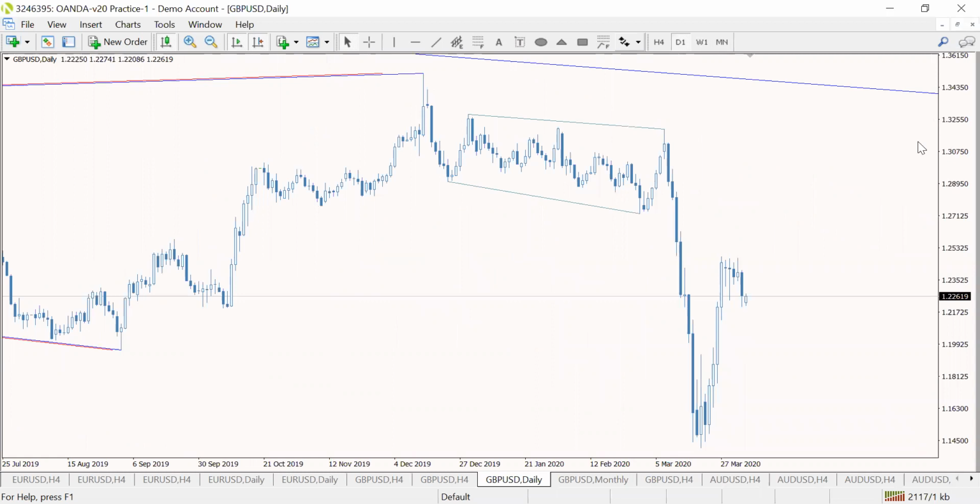Now, on the daily time frame, as you can recall I said to you guys, this is what I was expecting this market to do. I was expecting that this market has given us this move, of which it's a 1. Then it gave us this to make it 2.